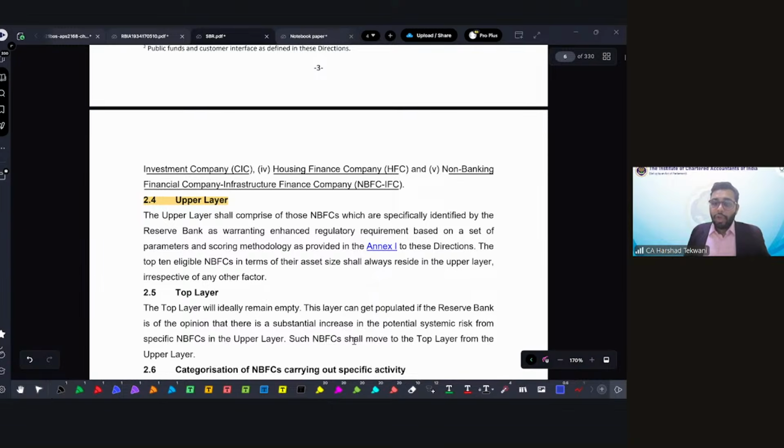And then those NBFCs are required to follow the directions which are given to the upper layer NBFCs. Basically, the top 10 eligible NBFCs in terms of their asset size will be there in the upper layer. So top 10 NBFCs in India based on the asset size will usually go into the upper layer. But there is a scoring methodology which will decide, among the top 10, whether they want to shift them or not.